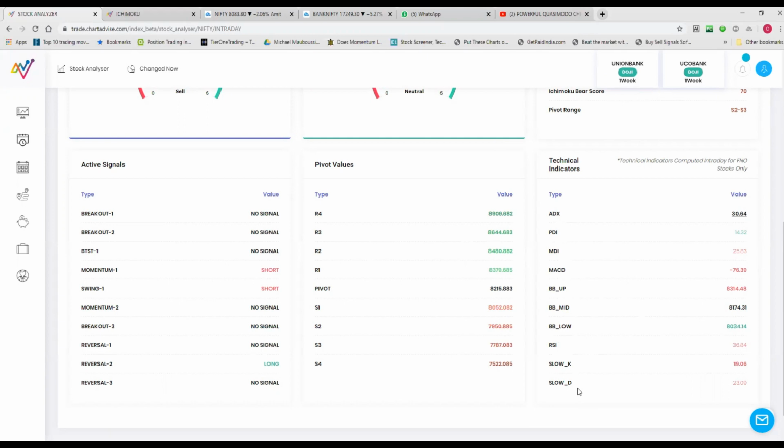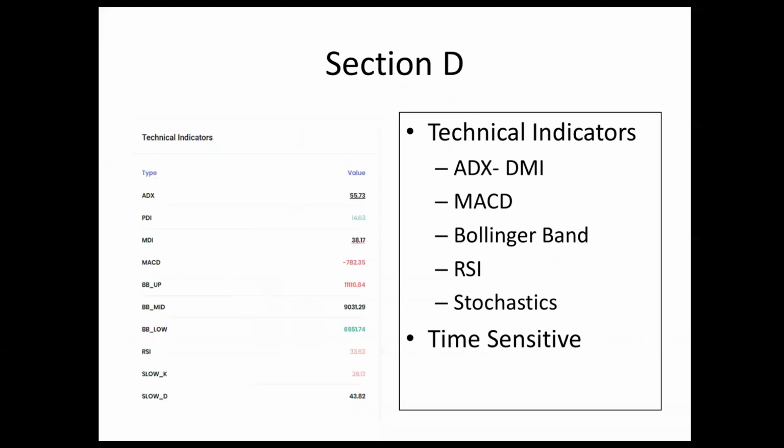Let's go and take a look at what the Nifty indicators are saying on the daily format. On the daily, the ADX is now showing a level of around 55. You see this 55? The value of ADX is 55. Now ADX, for those who are aware, 55 is a very, very high ADX value.